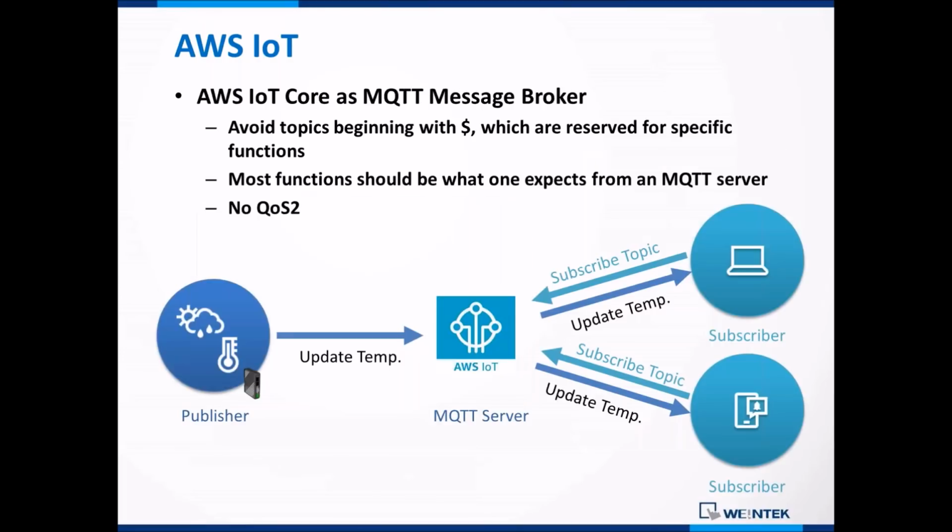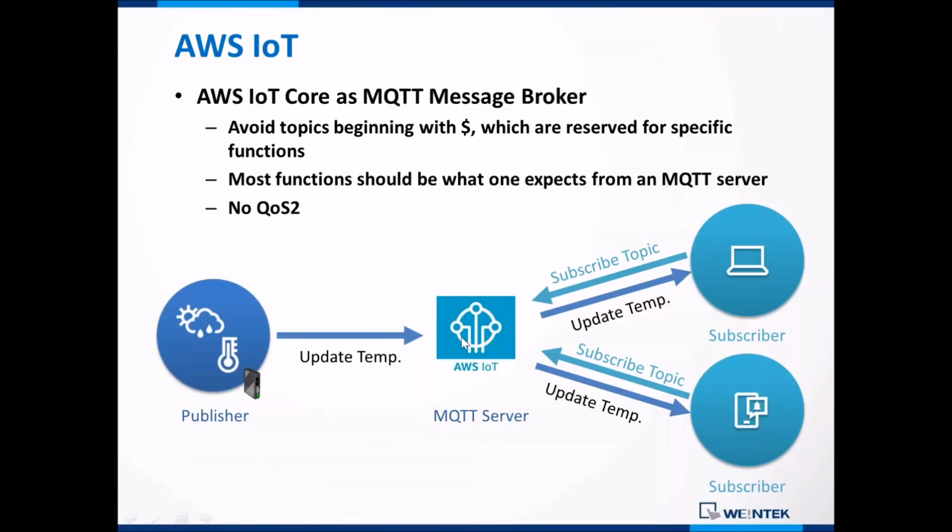First thing, AWS IoT is actually kind of different from the other two, Azure and IBM, in that the AWS IoT Core itself could function as an MQTT message broker, like an MQTT server.